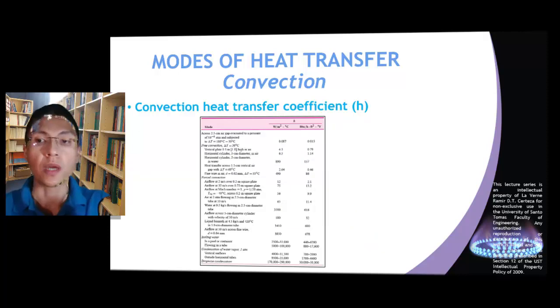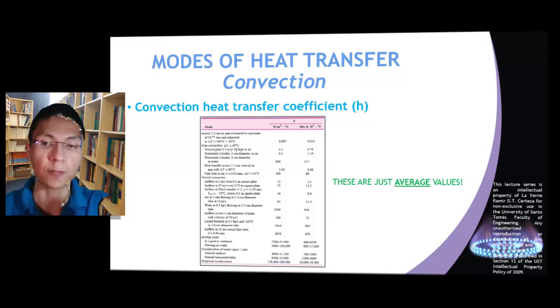This is the reason why, when you see a table of convection heat transfer coefficients such as this, you must understand that the values in this table are just average values. In fact, one of the most challenging aspects of dealing with convection problems is determining the value of the convection heat transfer coefficient.